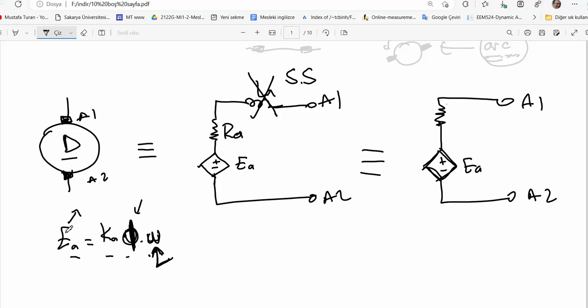If there is no magnetic field, there will be no EMF. Those two parameters are essential. If there is no movement, no mechanical energy, or no magnetic flux, there would be no electrical output induced. That is the equivalent circuit.